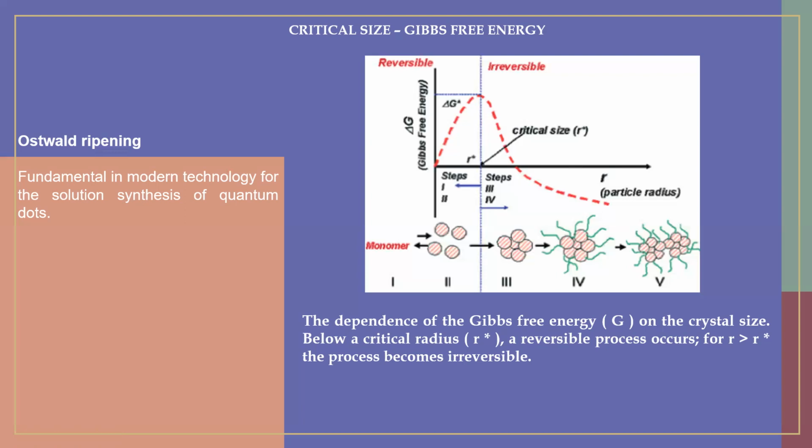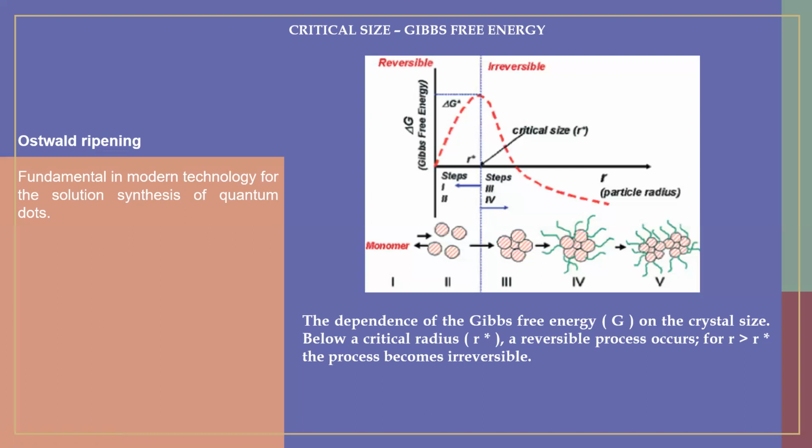That radius of the nucleus is called the critical radius, represented by the letter R star. Let's consider our precursor solution, in which we have atoms, molecules or ions which start the nucleation process by applying temperature or through a supersaturated solution.